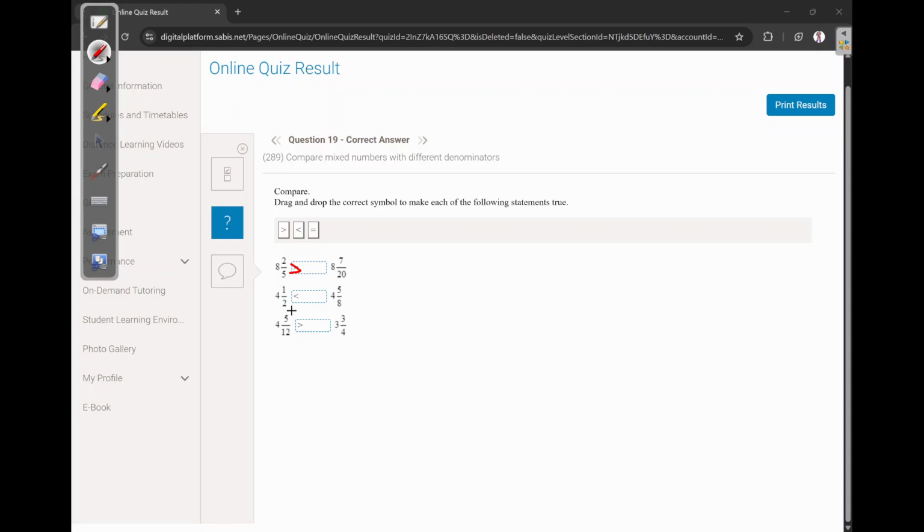You times 2 times 4 equals 8, and then you times 1. 1 times 4 equals 4, so this is bigger because the whole is the same, and 4 is smaller than 5, so this one.